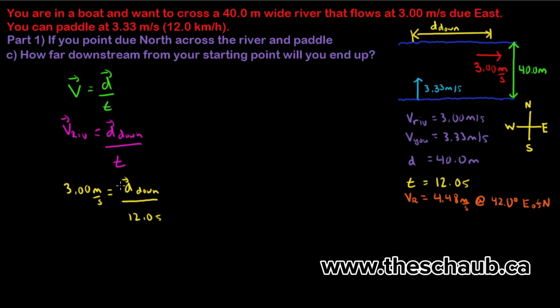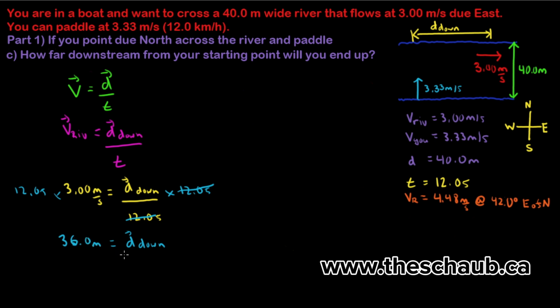So to get our displacement down the river all alone, we multiply both sides by 12.0 seconds. On this side, 12.0 seconds divided by 12.0 seconds is just 1, leaving us with our displacement down the river.